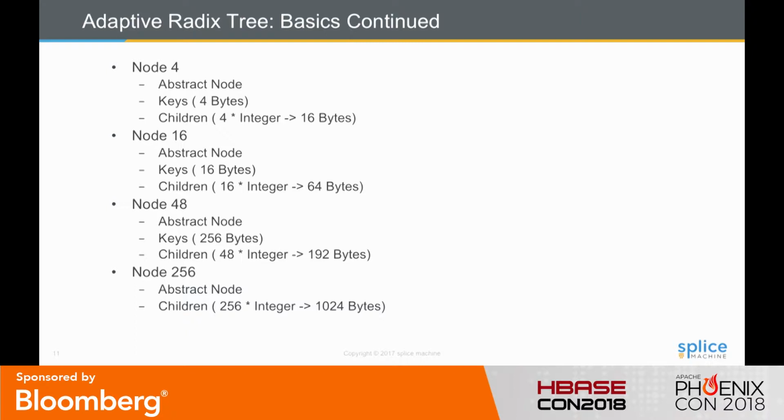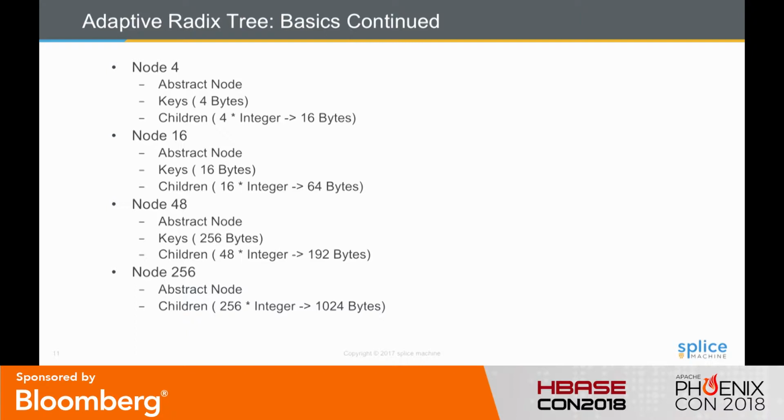Now this is really cache efficient because you can just look and say, hey, I can look basically on those 4 bytes and say, do I have a child that represents that? The children are 4 times integer. So when I first did it, I did it based on longs. So I did it really kind of classic implementation. And what we found was the long actually created really an actual large structure in memory, in the byte arrays.